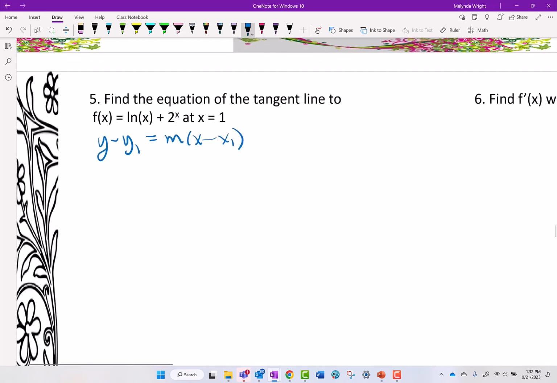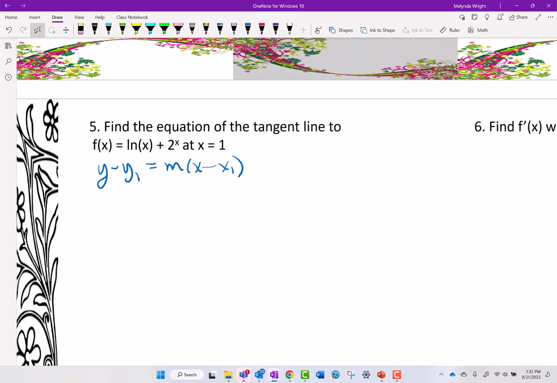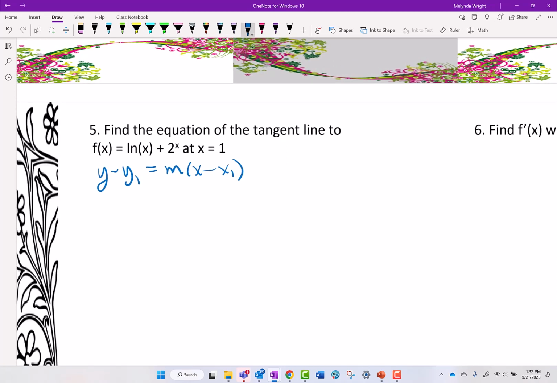On a formula quiz, you can certainly use that to show the equation of the tangent line. There is another formula in the formula quiz, y minus f of a equals f prime of a times x minus a, and we might have used a different letter than a, either a, b, or c. Either one of those formulas is perfectly fine to give me. They both mean the same thing.